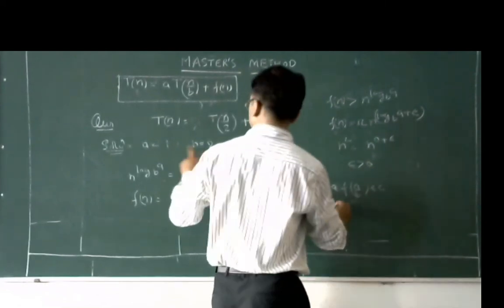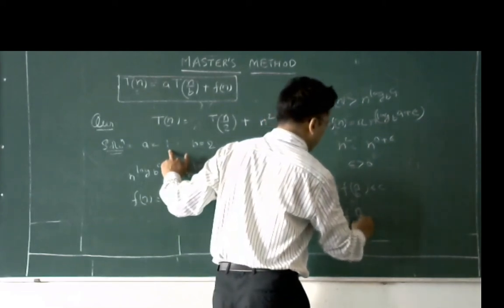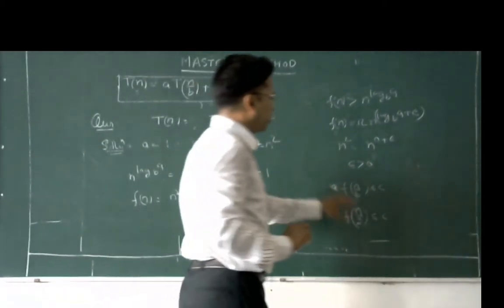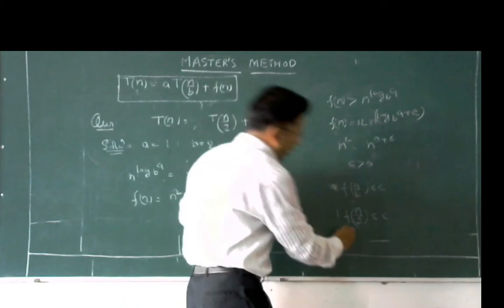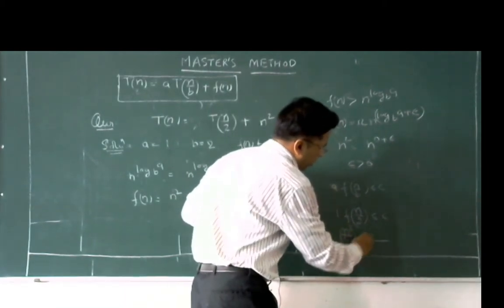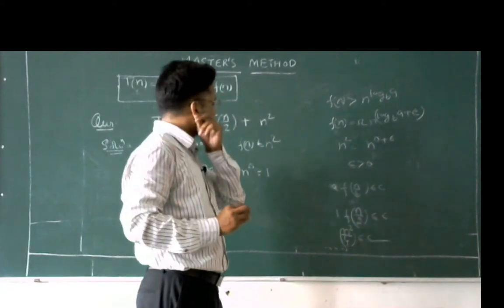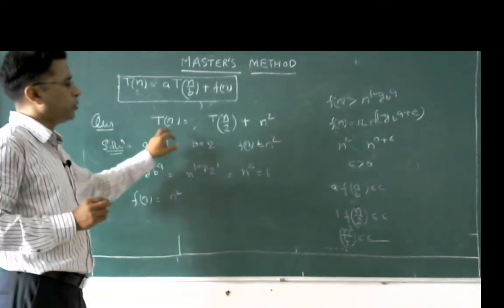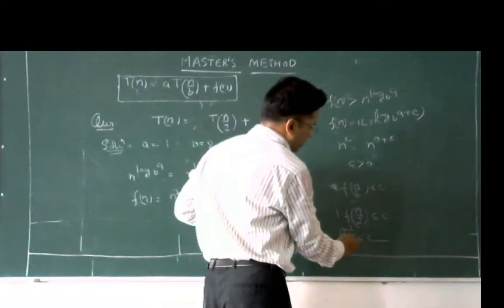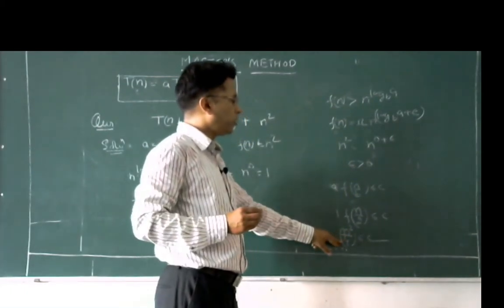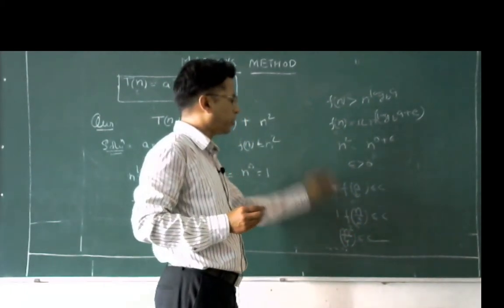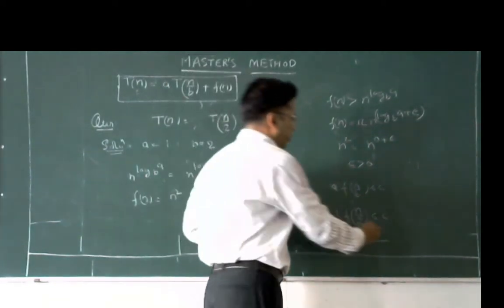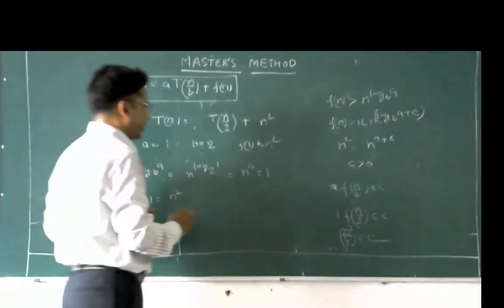So here a value is equal to 1 and f(n/2) should be less than c, and c should be a constant less than 1. So f(n/2) is equal to n square by 4, and this value is definitely going to reduce and lies between 0 and 1 because it's a fractional number. For the maximum of the values, the regularity condition is satisfied. So the regularity condition is satisfied, and we can apply the case 3 result directly.